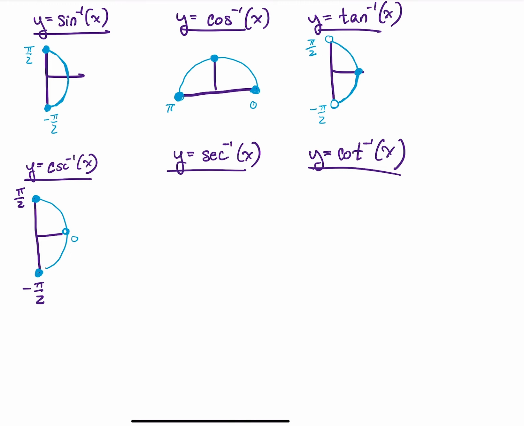There's a similar issue with the inverse secant. The range is similar to the inverse cosine, except for where the cosine is equal to 0, and that's at pi over 2. So we'll have to skip over that point. So we're between 0 and pi, but not equal to pi over 2.